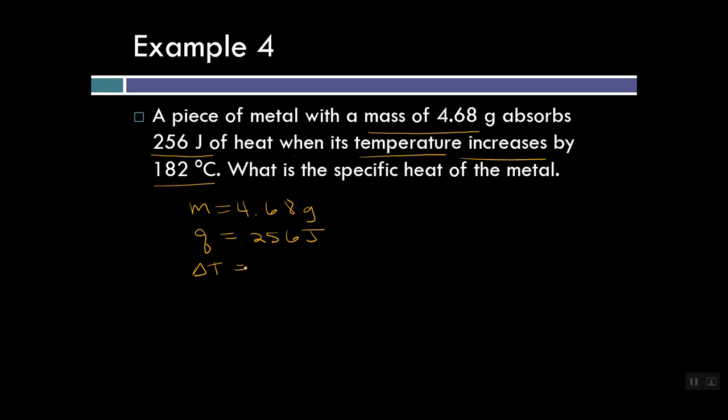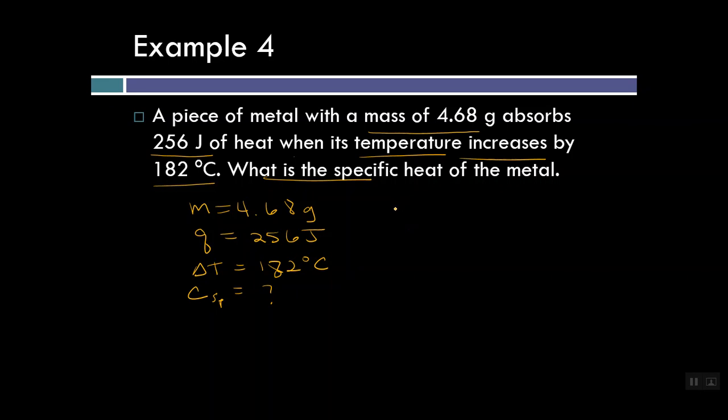Change in temperature is positive 182 degrees Celsius. I didn't have to subtract like I did last time because it just tells me the change. And the question is, what is the specific heat? So that's C, the specific heat. Sometimes it'll look like that, is my unknown.